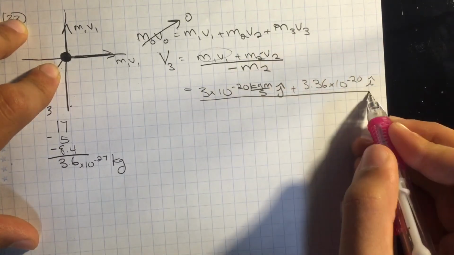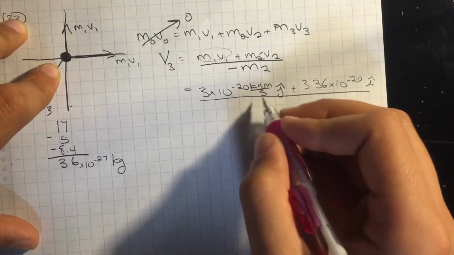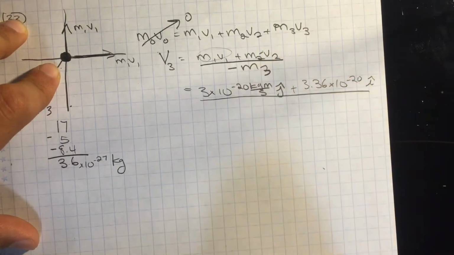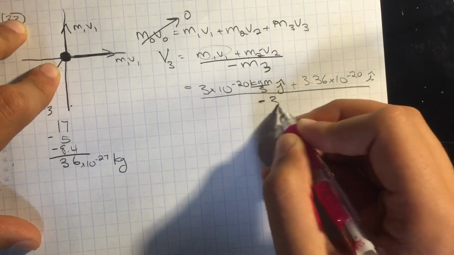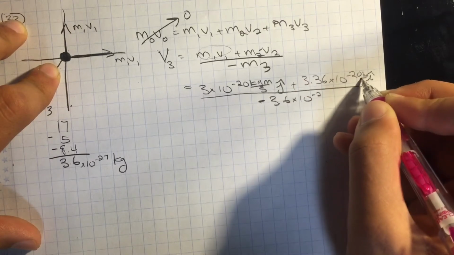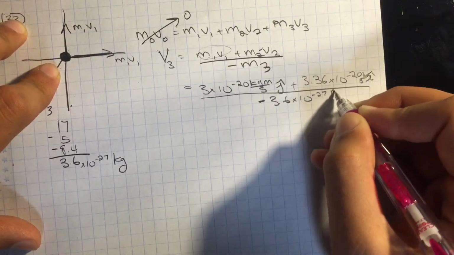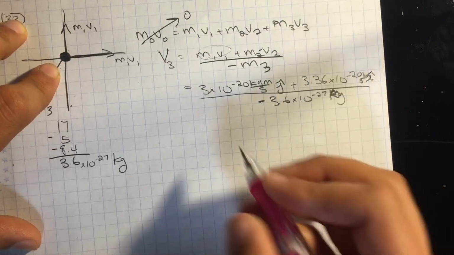And then we're going to divide it by the mass of part 3, which is negative 3.6 times 10 to the negative 27th kilograms.